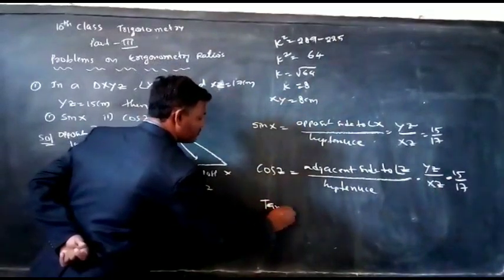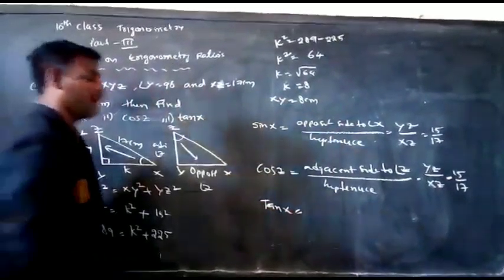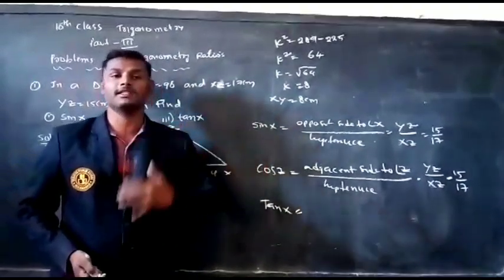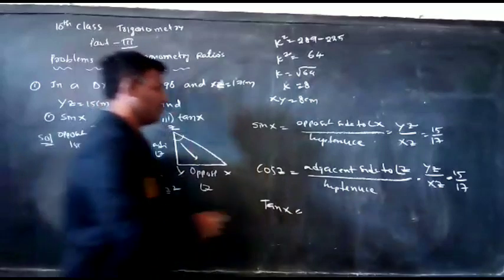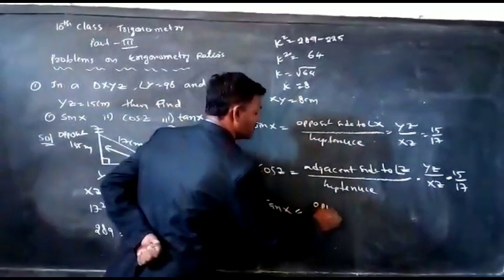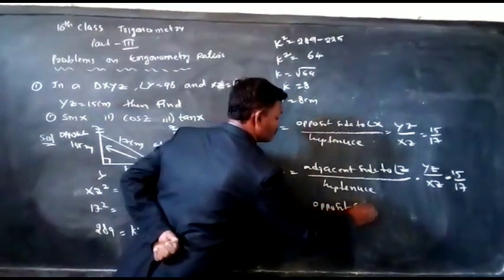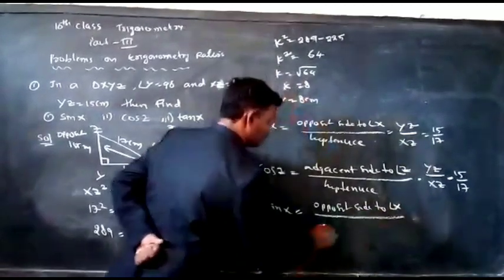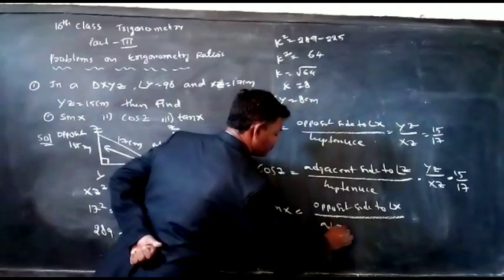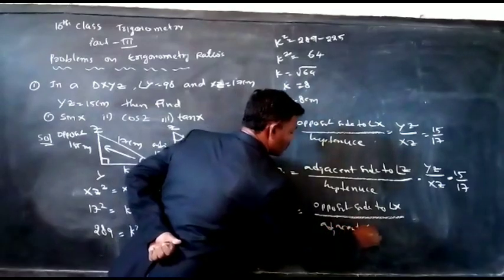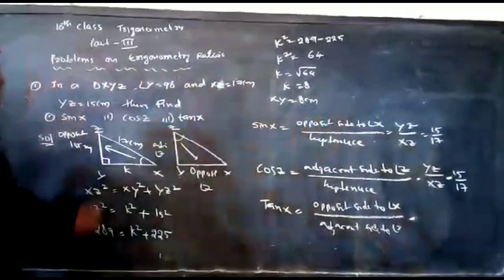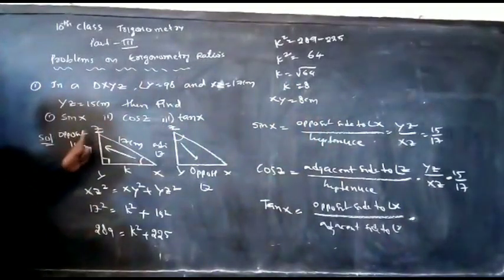Next, what do I need? Tan X. What is the formula of tan theta? Opposite side to angle theta by adjacent side to angle theta. So tan X means opposite side to angle X by adjacent side to angle X. In XYZ, what is the opposite side here?